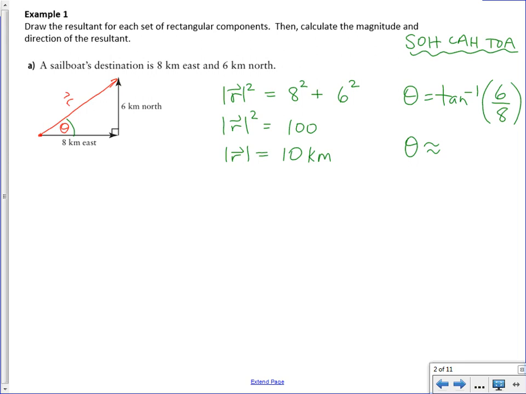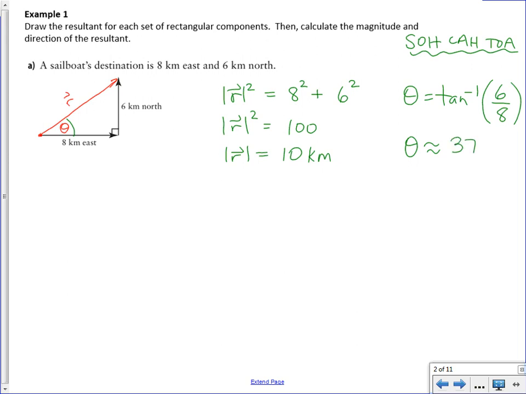And again, make sure you're in degree mode. For vectors, you're in degree mode. I feel like I need to put on the exam, you must switch your calculator to degree mode now. So tan inverse of open brackets, 6 divided by 8, close brackets. Did you guys get 37 degrees?